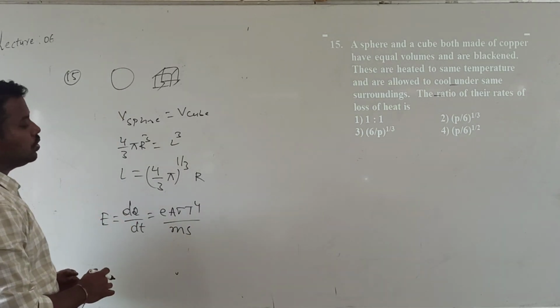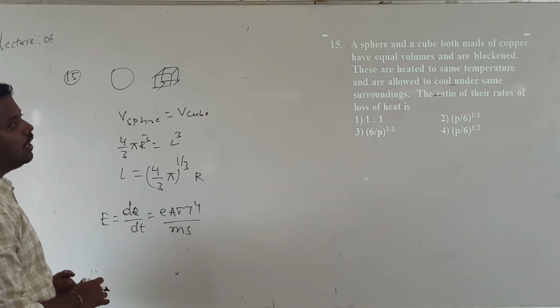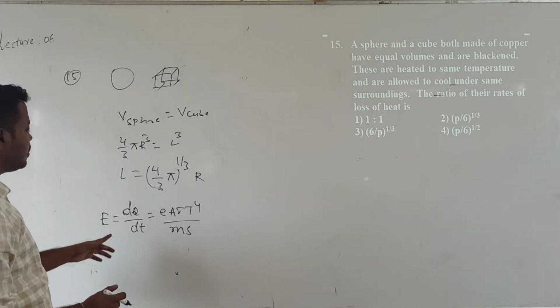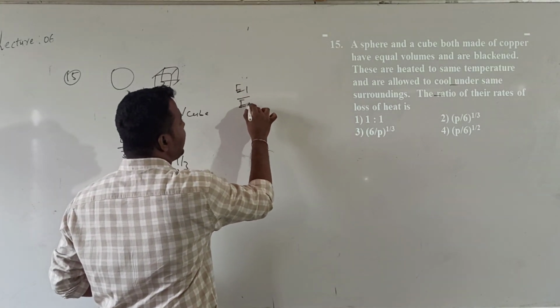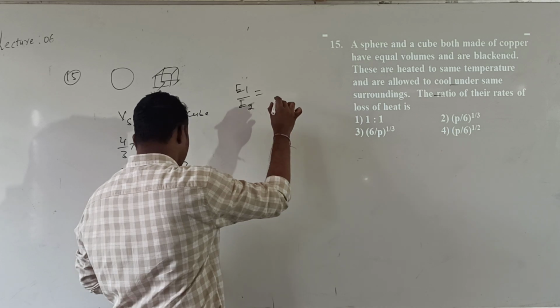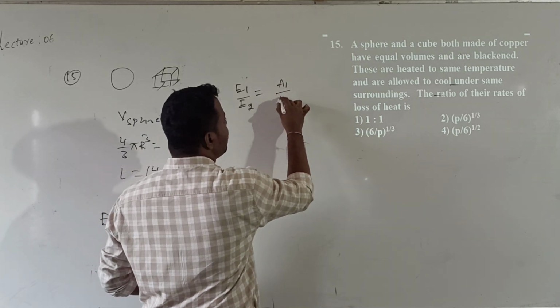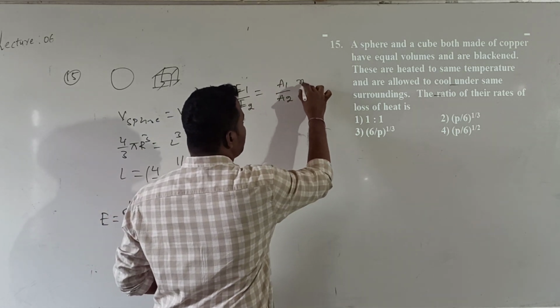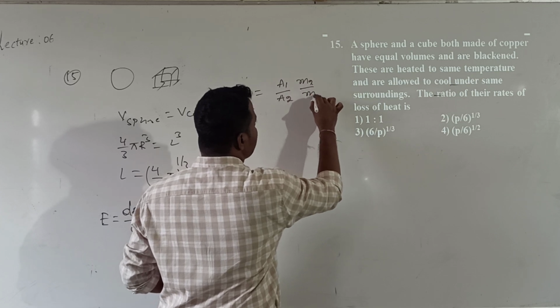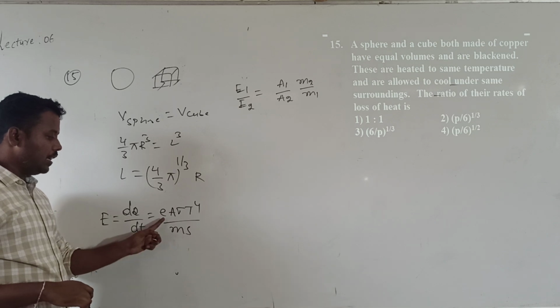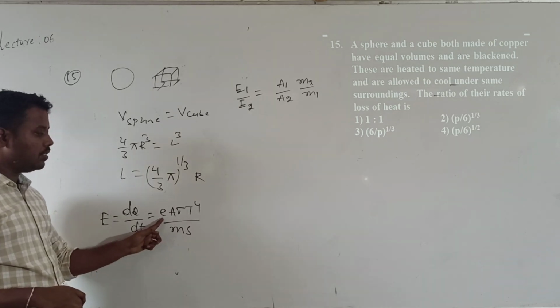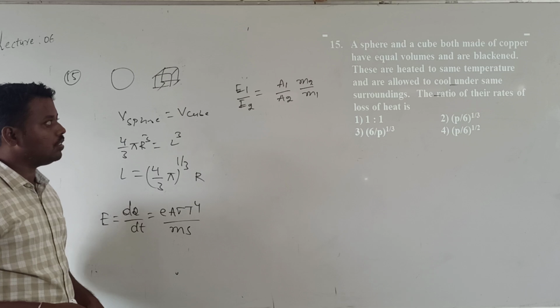Here they have given that both are made up of the same material and both are at the same temperatures also. So what is E1 by E2 given by? E1 by E2 is given by A1 by A2 into M2 by M1, inversely proportional to masses. Specific heat same, copper. Emissivity perfectly black body, sigma same, temperatures also same.